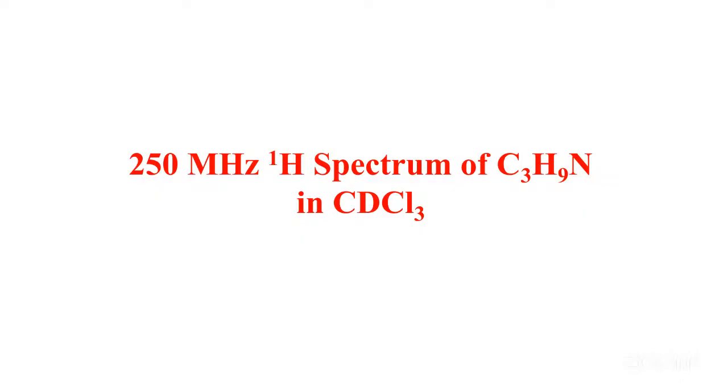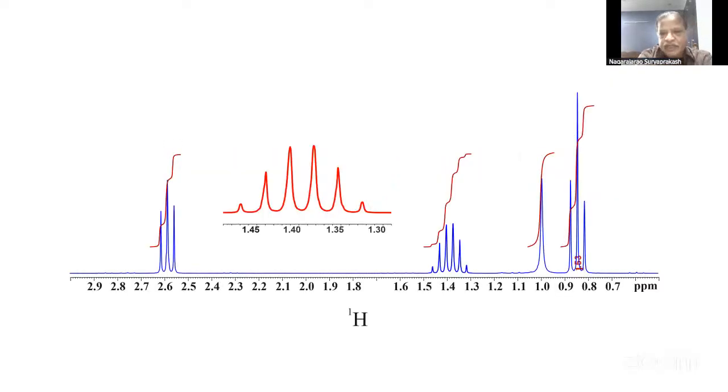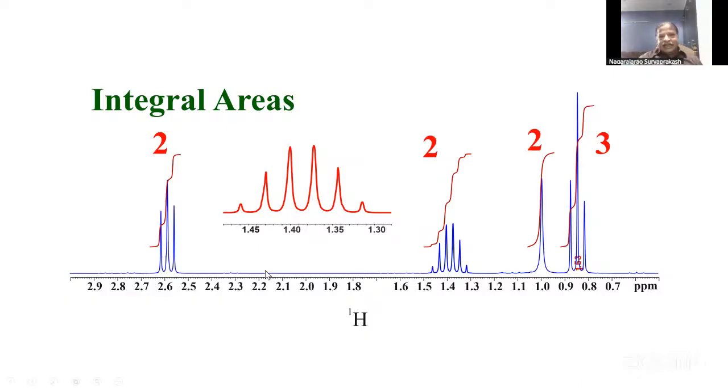In a simple example, of course, there are many experiments we can do, 1D and 2D, but this one I want to show because they're all BSc and MSc pharma students, they don't know much NMR. Making it simple for them, I am taking this molecule and this is the spectrum I'm getting. Now my question is how to make the assignment. And I know the integral areas.